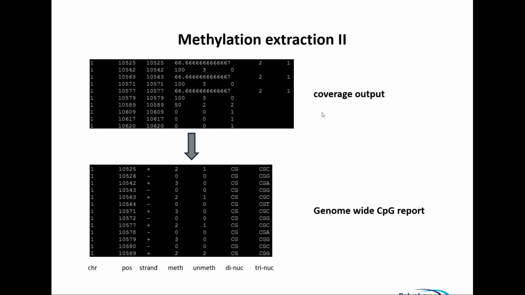This will take the coverage output as input files and then output a file like this, with chromosome, the position, and then in this case, the strand is really the true strand of that position. So this would be a C on the top strand, top, bottom, and in this case there's always a pair, top and bottom, and then it will give you the number of methylated and unmethylated calls, as well as the dinucleotide and trinucleotide context of these files.